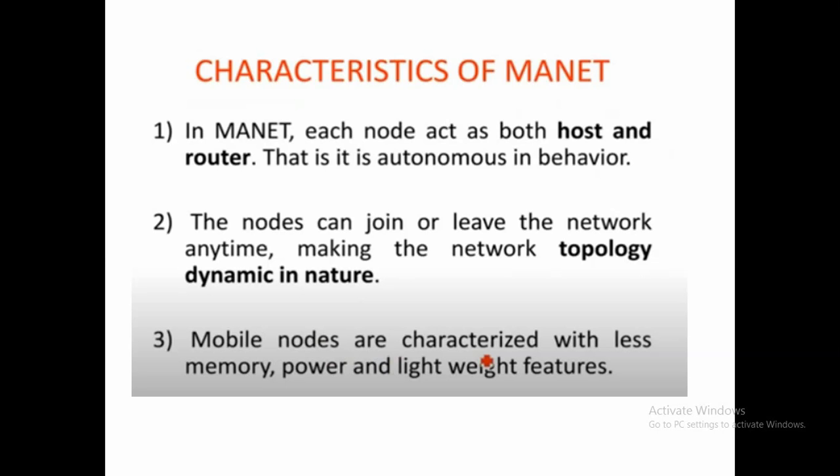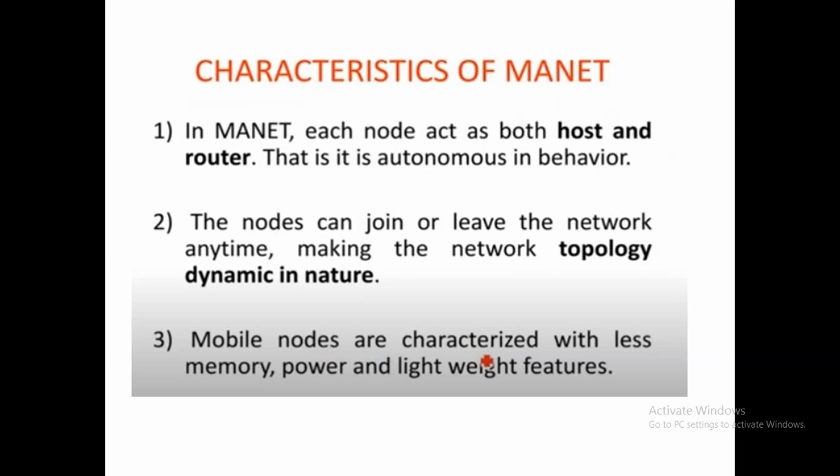Sometimes it will link with this one, sometimes with that one. So links are changing very frequently, in a very short time, and it is connected to someone, and sometime to another one.